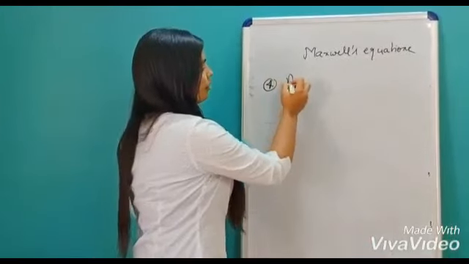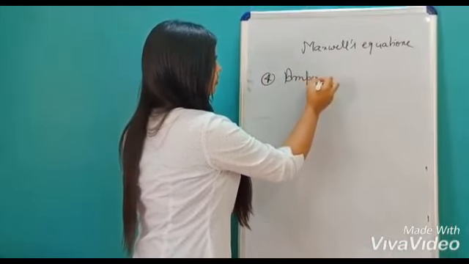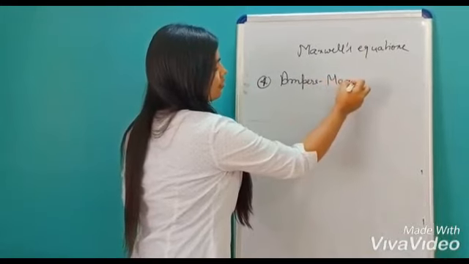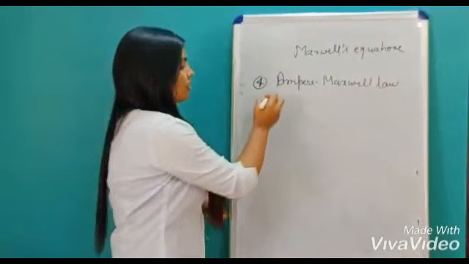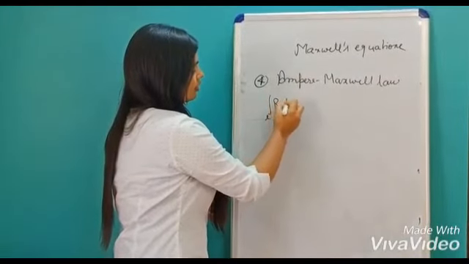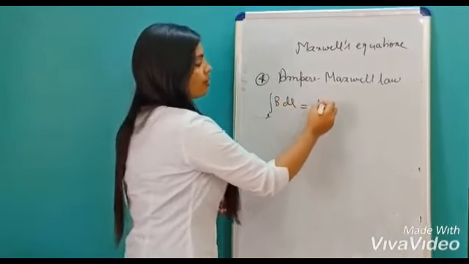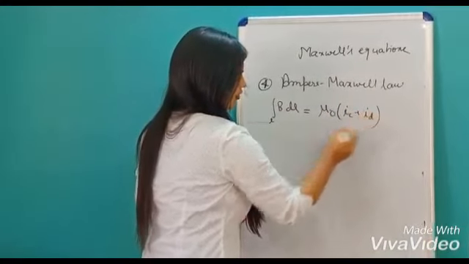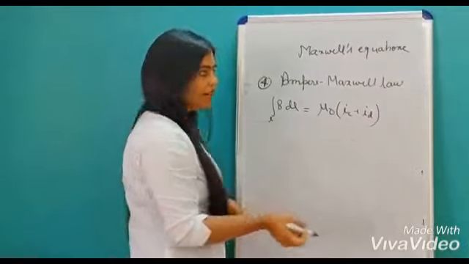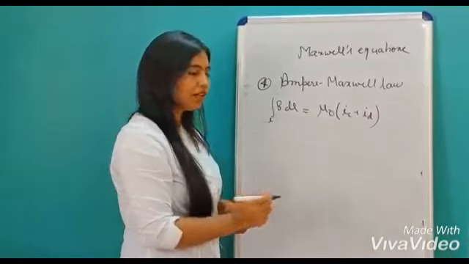Fourth is Ampere-Maxwell law. According to this law, line integral B dot dl is equal to mu naught (IC plus ID). IC is conduction current and ID is displacement current.